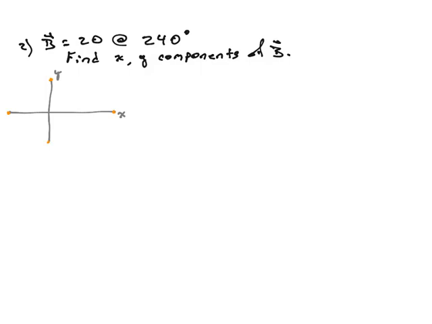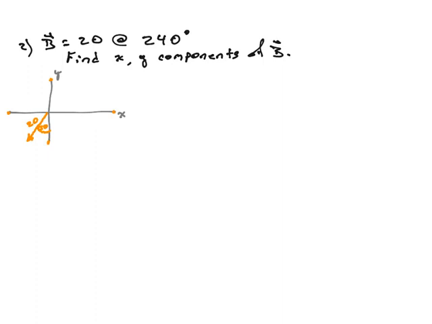So if the negative y-axis is 270, then 240 is somewhere over here. Where this angle here, the angle between 240 and 270, is of course 30 degrees. And the length of this arrow is 20 meters. Okay? So once you can draw that, then you're in the clear.